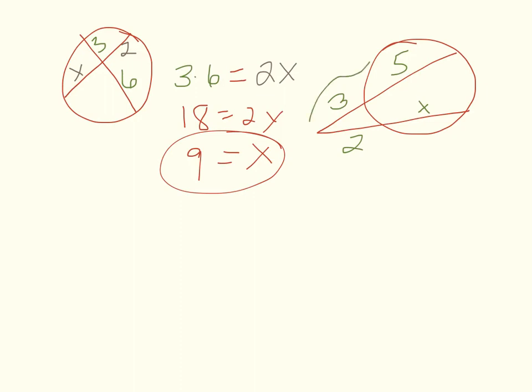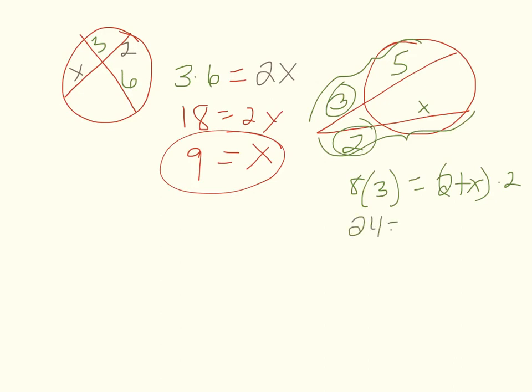So it's the whole secant, which is 8, times its outside piece, which is 3, equals this whole secant, 2 plus x, times its outside piece, 2. And I would get, if I solve that, 24 equals 4 plus 2x, or 20 equals 2x, or x equals 10.